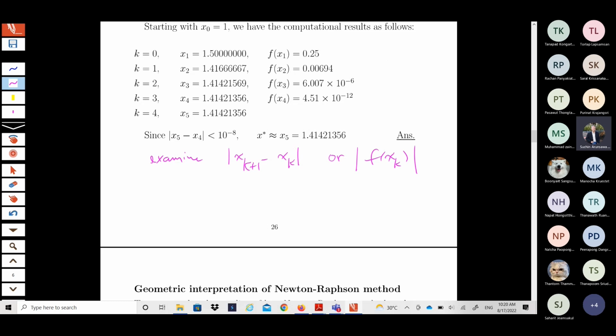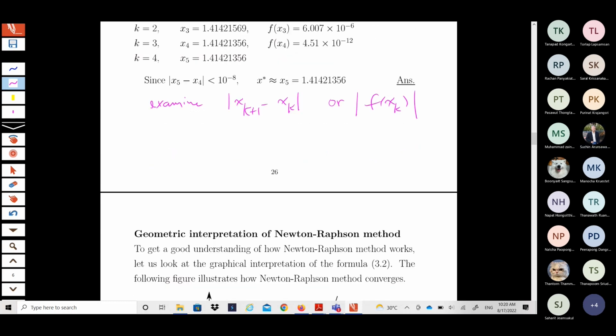Because at the solution, we know that f(x_{k+1}) should be close to 0. Then we can use these two expressions to form a criterion for terminating the Newton-Raphson.